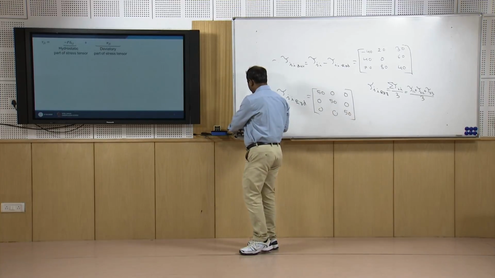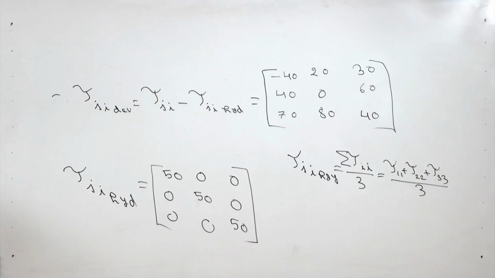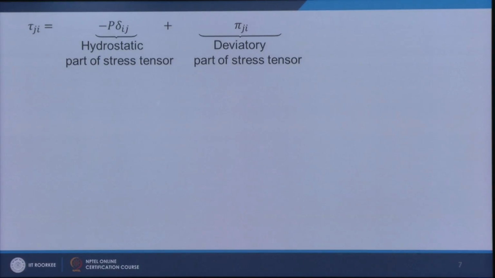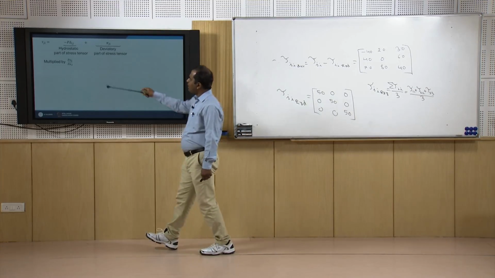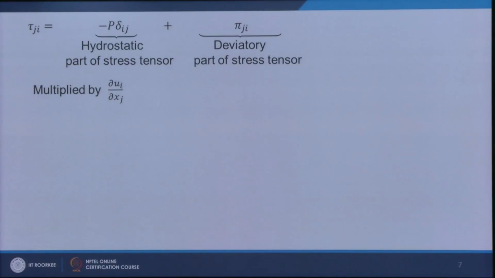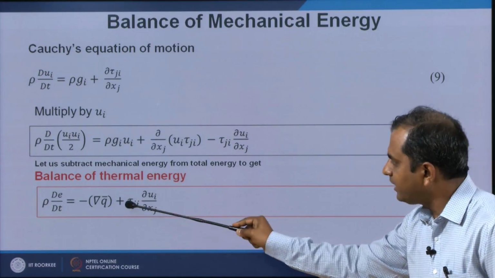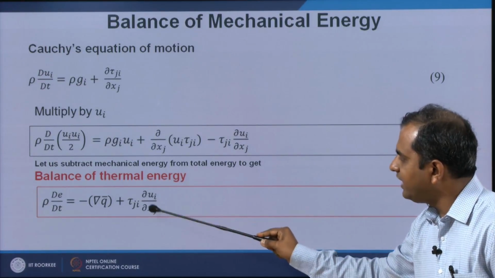In this fashion the deviatoric part can be obtained. So, here also we are having these two components, the hydrostatic part of the stress tensor as well as the deviatoric part. Now, let me show you further. If we multiply this tau ji with del xj of ui, why do I want to do so? Because in the last part of the balance of thermal energy I had tau ji into del xj of ui.